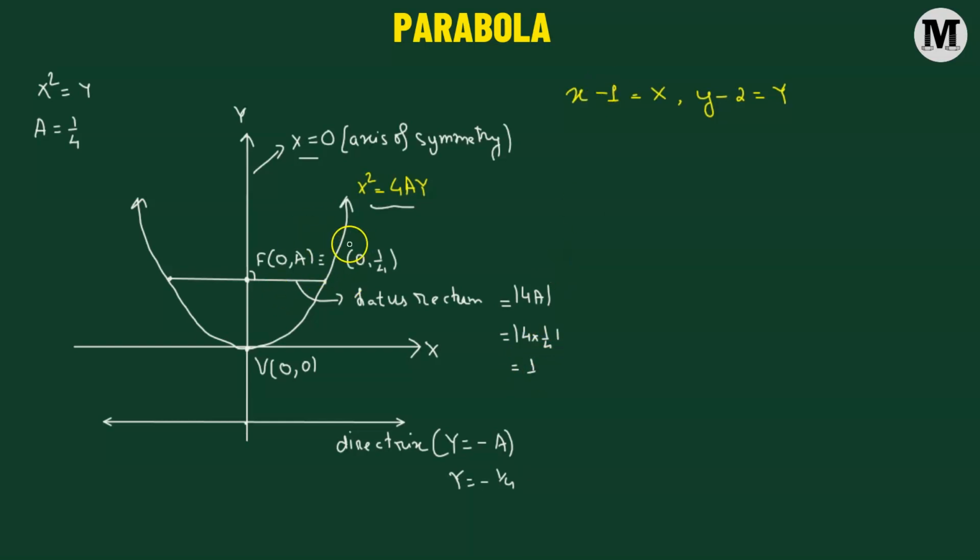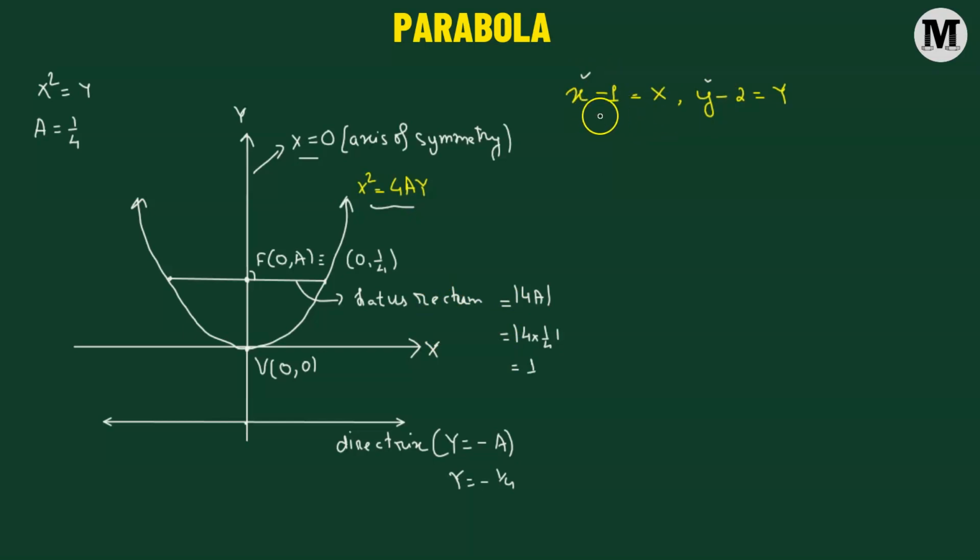Now this parabola is represented in terms of the coordinate axes X and Y in uppercase. However, we need the coordinates of its vertex and focus, the equation of the directrix and axis of symmetry, as well as the length of the latus rectum in terms of the whole coordinate system. That means in terms of x and y in lowercase.